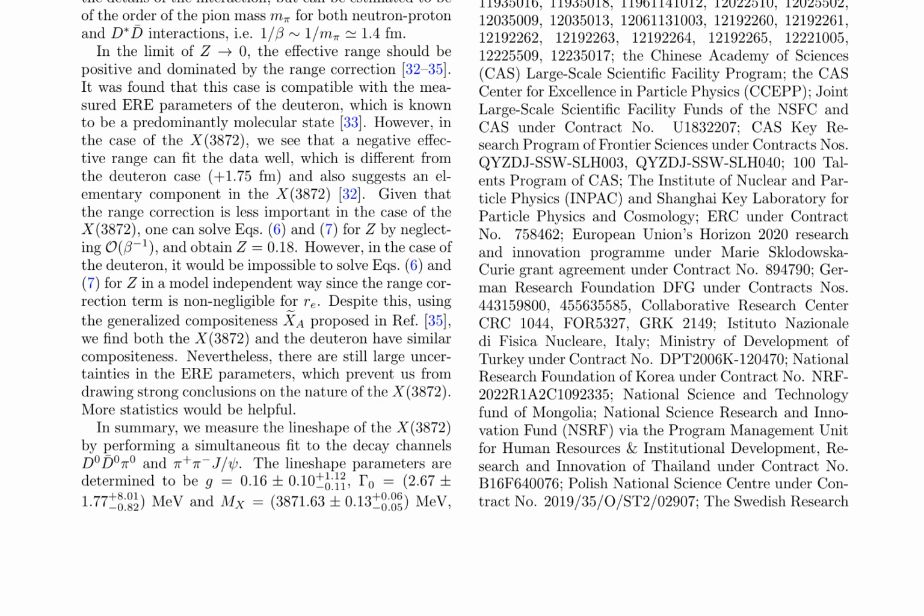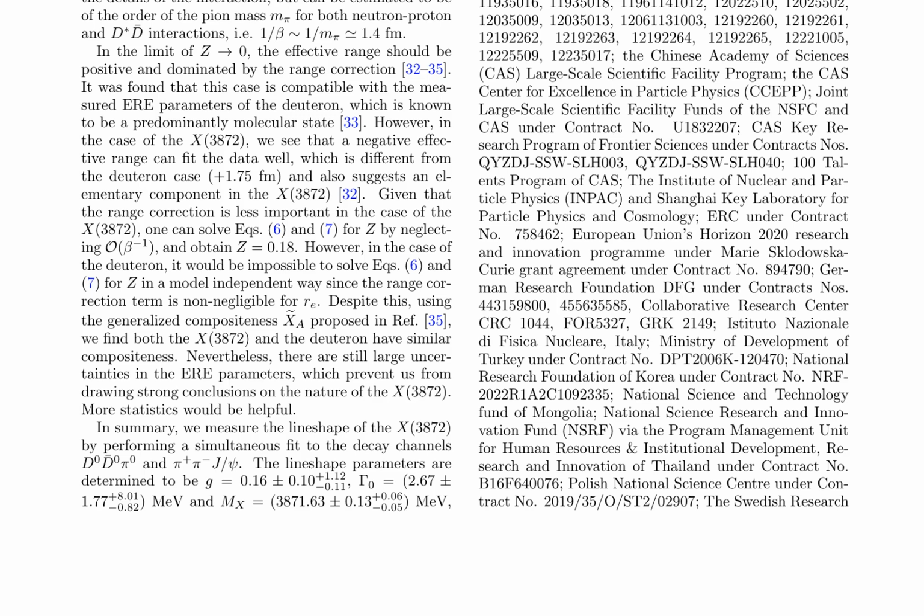The authors perform a simultaneous fit to the decay channels D D-bar pi and pi pi J/psi to determine the X(3872) lineshape parameters. g equals 0.16 plus or minus 0.10 with asymmetric systematic errors, gamma equals 2.67 plus or minus 1.77 with asymmetric systematic errors in MeV, and m equals 3871.63 plus or minus 0.13 plus 0.06 minus 0.05 MeV.